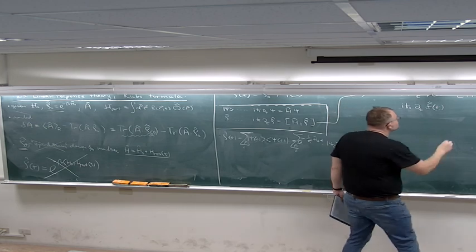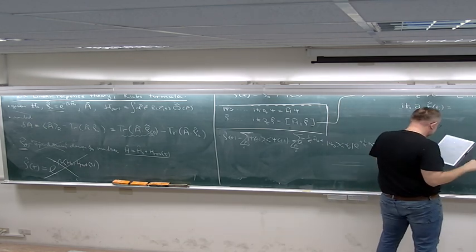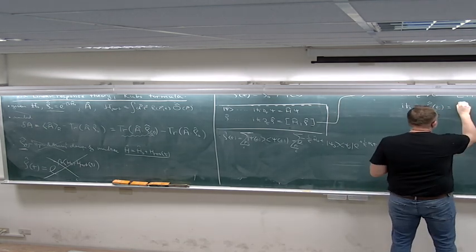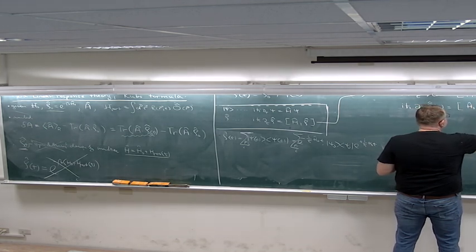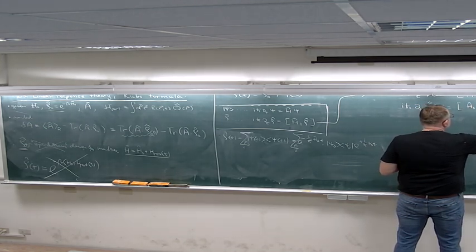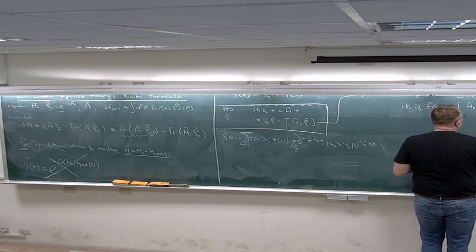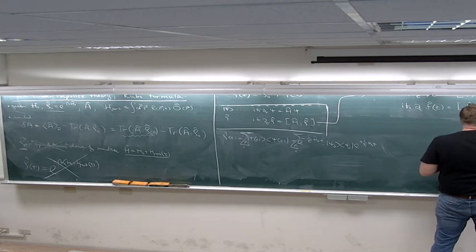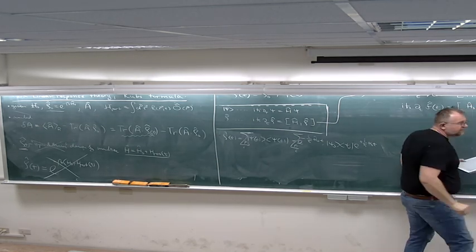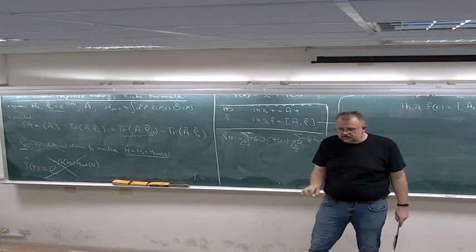On the right hand side I need to write the Hamiltonian. This is the commutator, with my original Hamiltonian H0 plus perturbation, and this is the operator rho 0. Everything is in the Schrödinger picture. Now I'm using the Schrödinger picture.